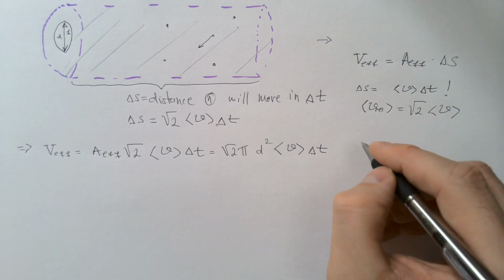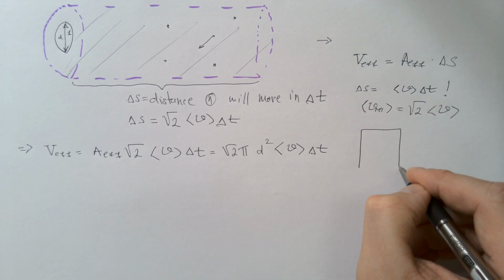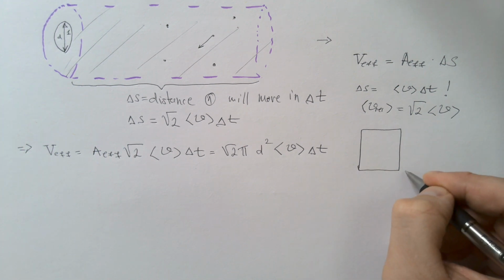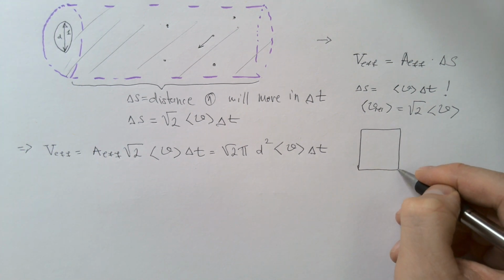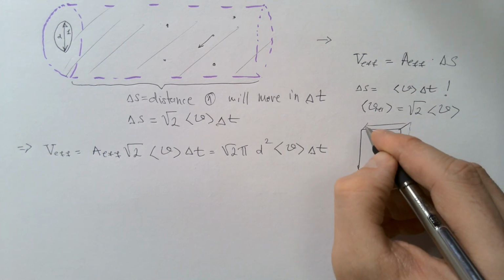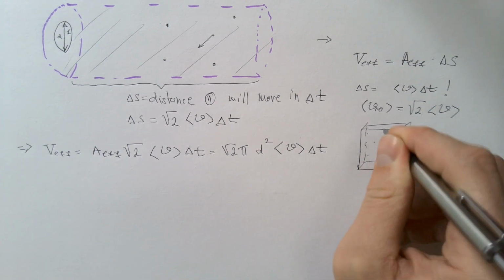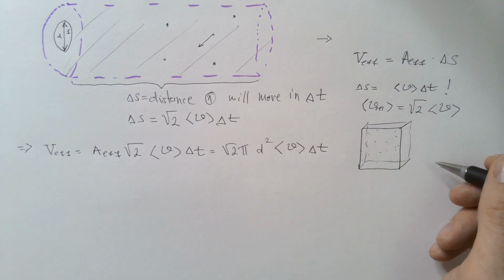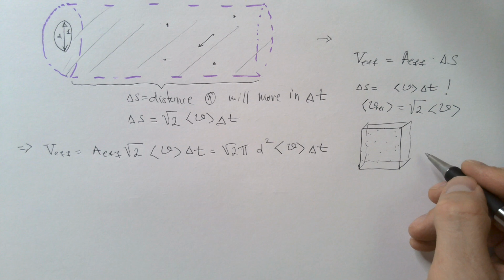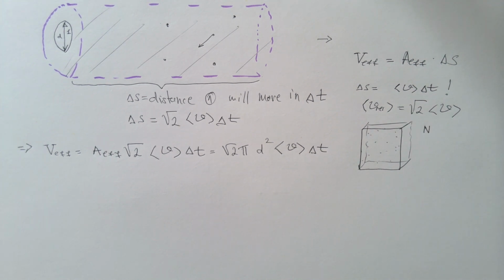Let's see how many. Let's take a container with a gas. That container could be your lungs, could be your room, your basement, box for your shoes, whatever. This container has a lot of atoms. And I will say that N is total number of atoms in this container.